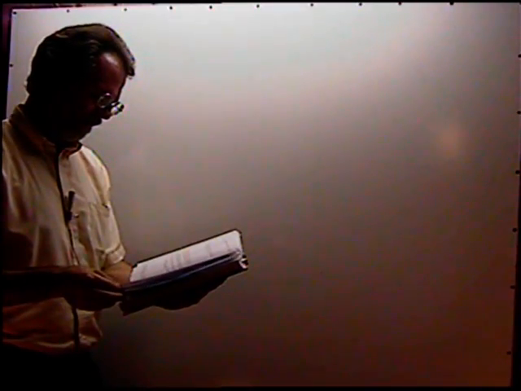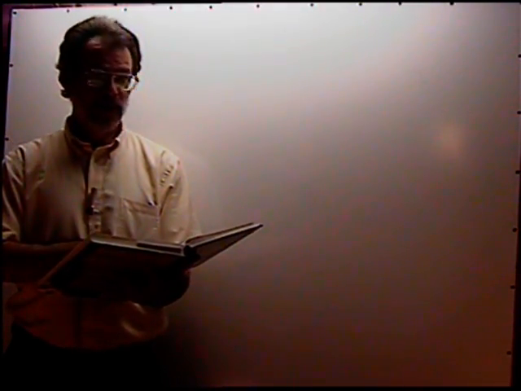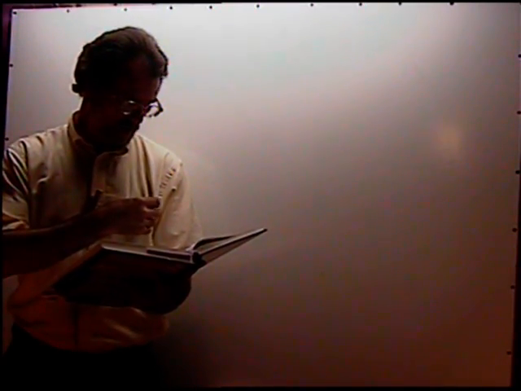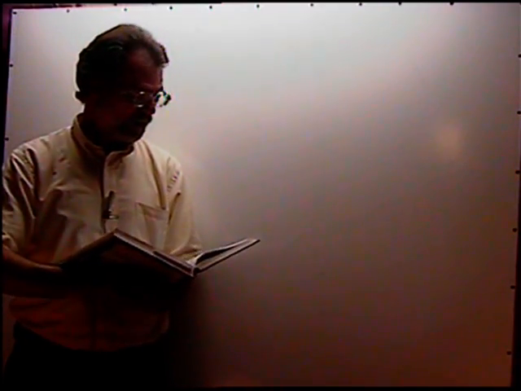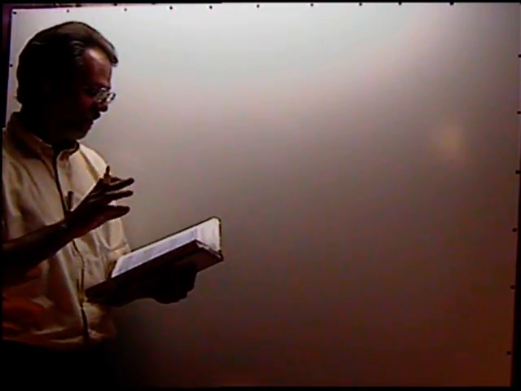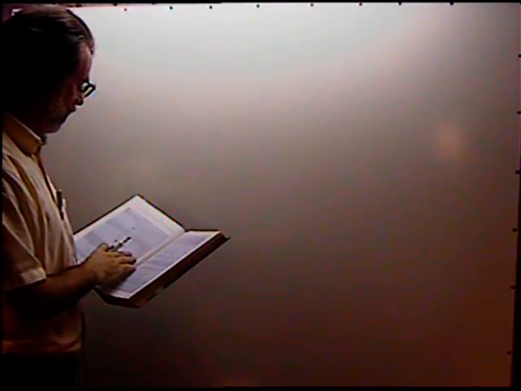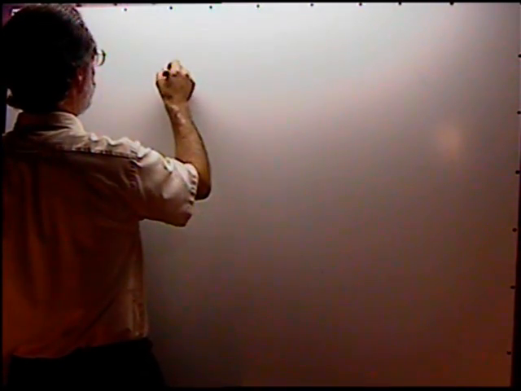Actually, what I'm going to do is jump over and look at the example on page 182, example 6.2. I'm going to skip example 6.1 because they're quite similar, and example 6.2 has angles that are not equal. Anyway, we'll see. Here's example 6.2.